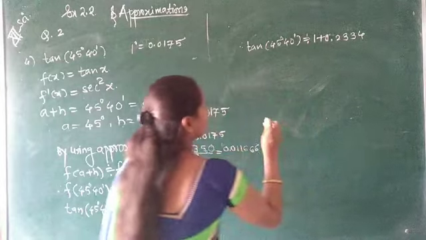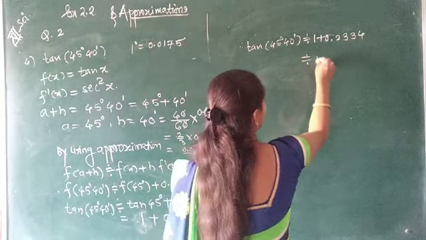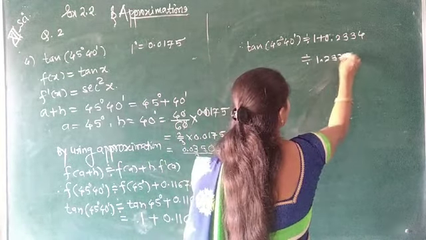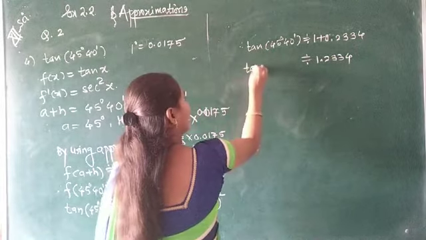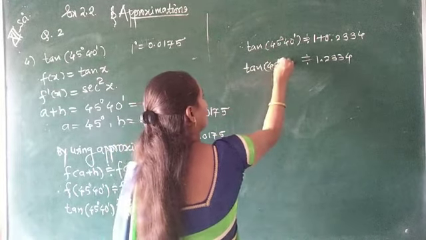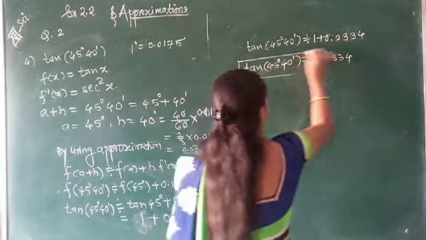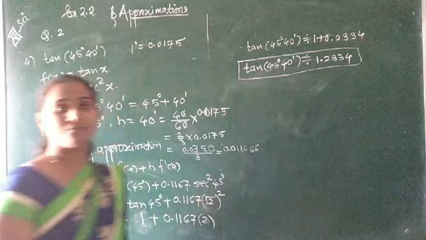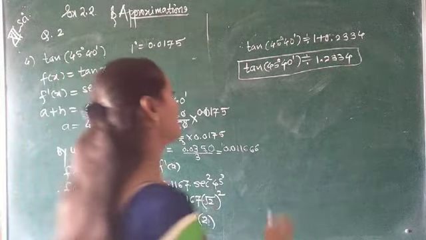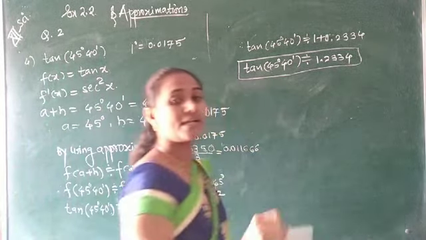That is 0.2334. Hence it is 1.2334. Tan 45 degree and 40 minutes. We know the approximate value of tan 45 degree, which is 1. But here we have given the angle 45 degree and 40 minutes.